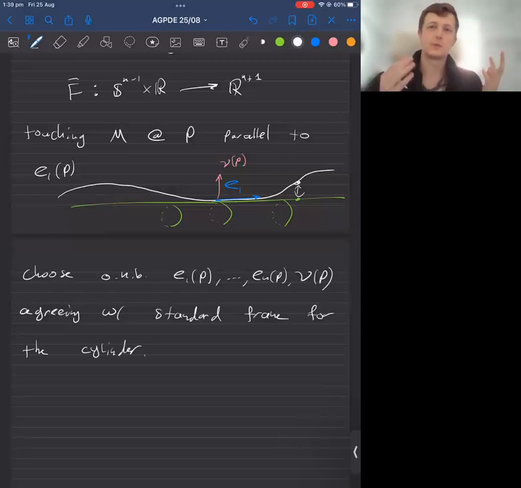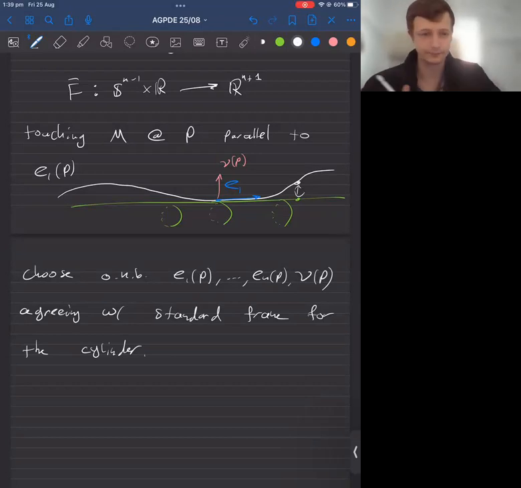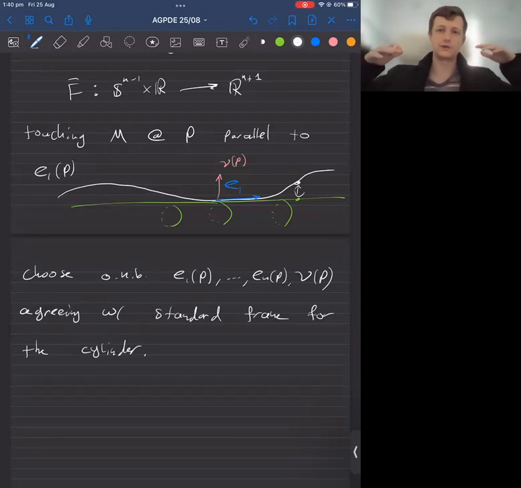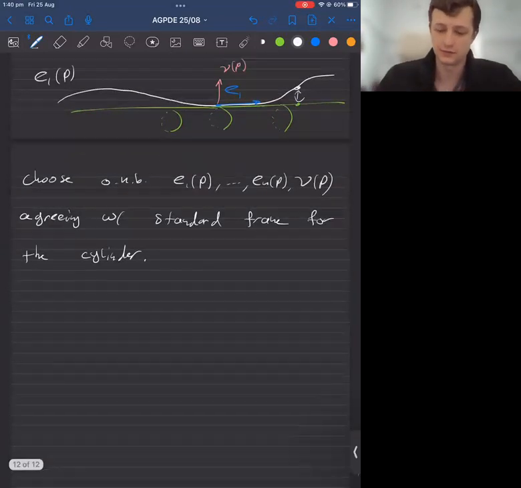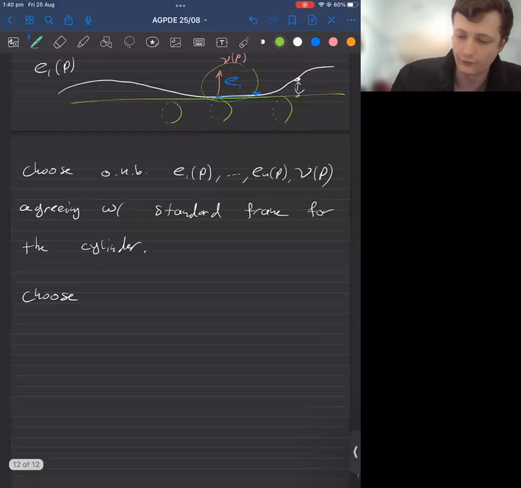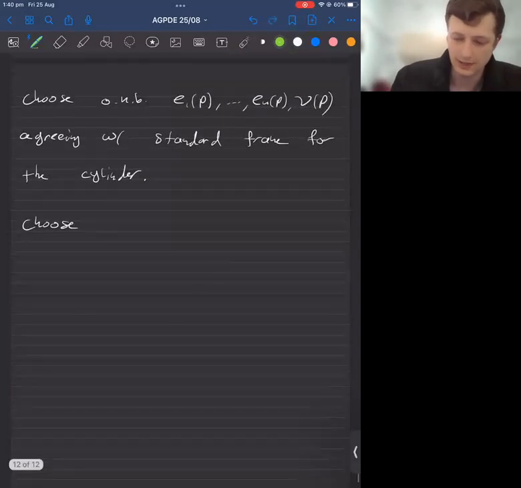Okay, so I choose basically a frame for both manifolds at that point. And then the idea is we want to parameterize both of these hypersurfaces on the same domain, so to speak. So we choose normal coordinates for both of them. And because I've got the same orthonormal frame for both of them at this point, it's a natural thing to do.